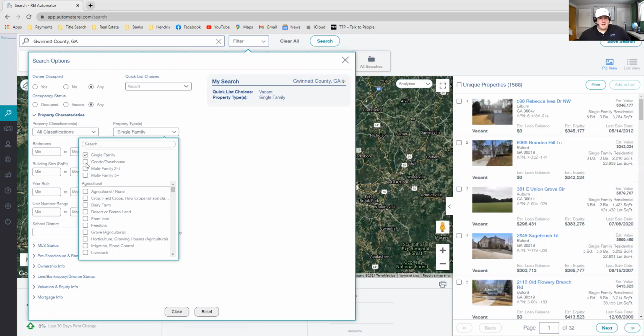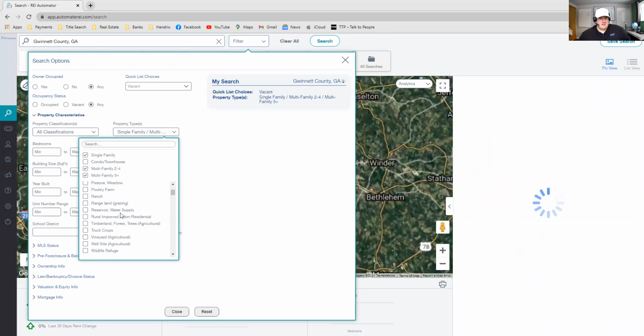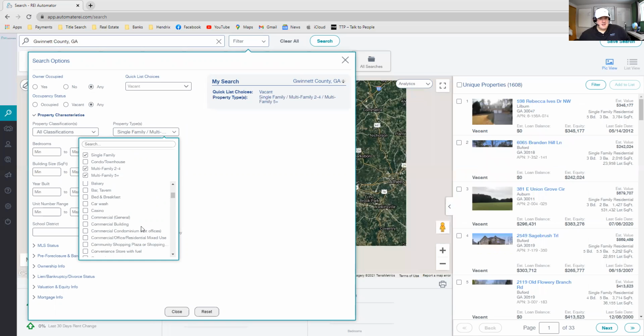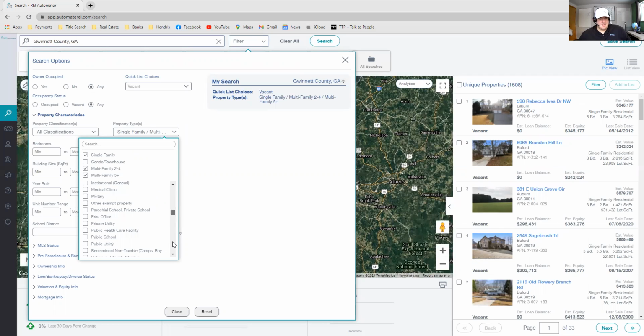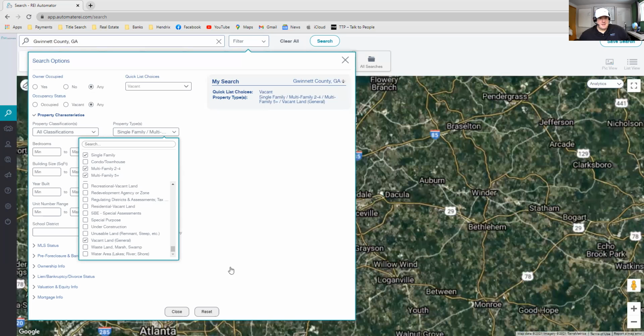If you want to do condo, you can do condo, multifamily, and I like to also put land in here. I think it's under vacant land. Yep, there it is. Vacant land.